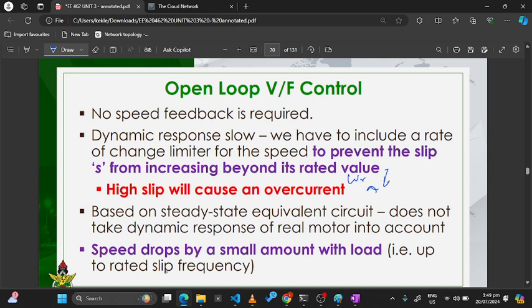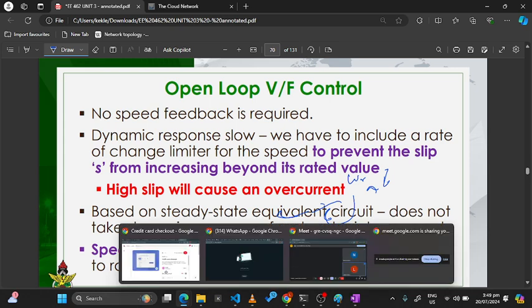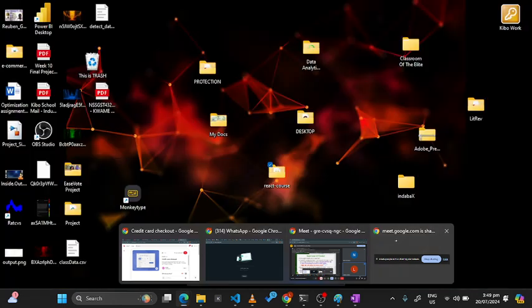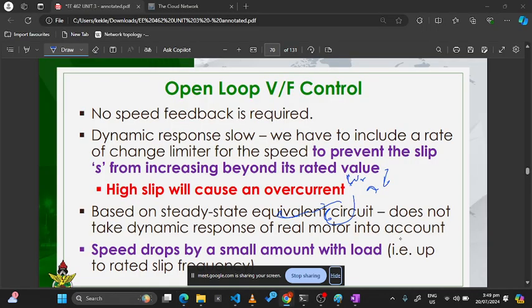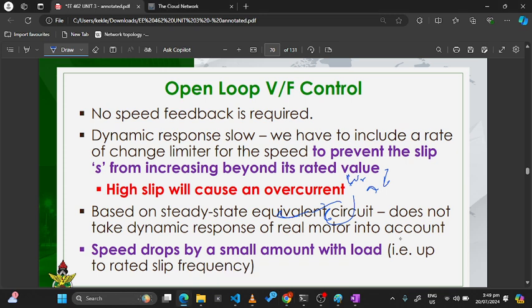And if there is no feedback, you can't readily know this. You need something to give you feedback: oh, the speed has reduced. So speed drops by a small amount with load, up to the rated slip frequency.